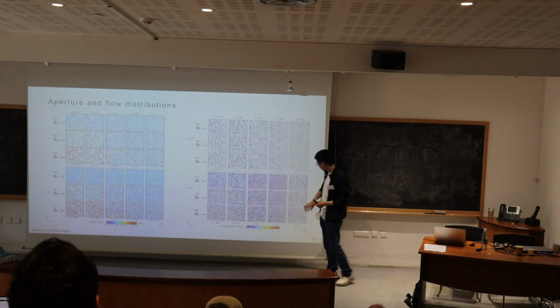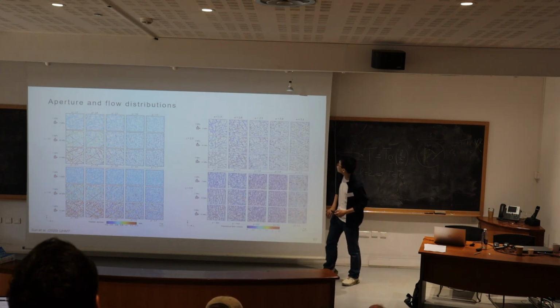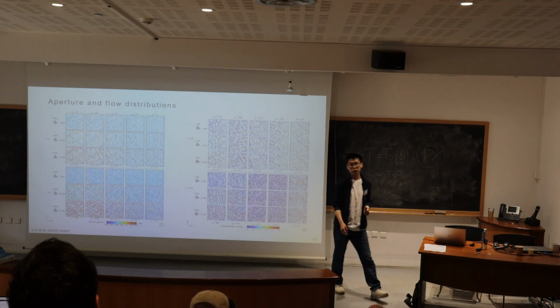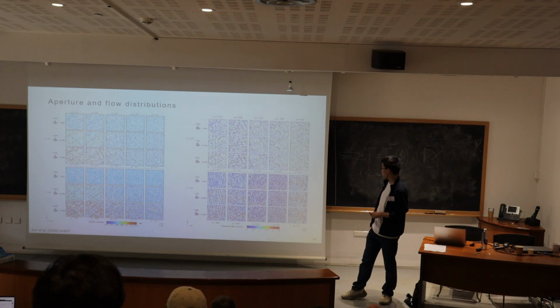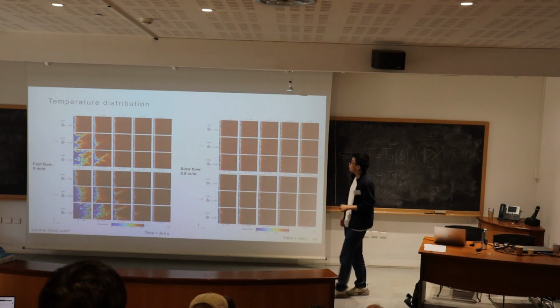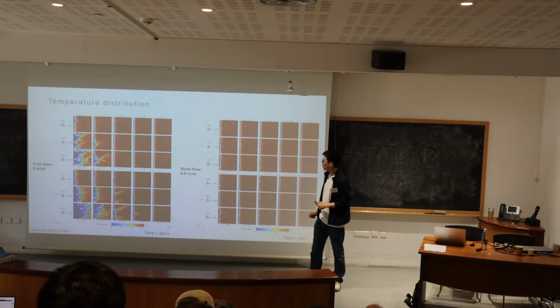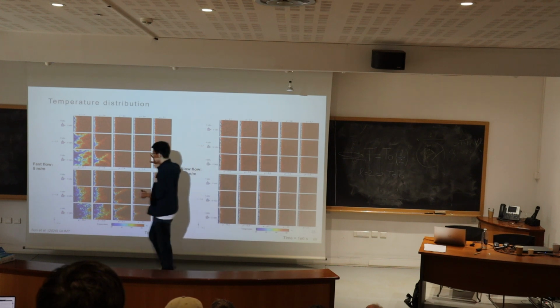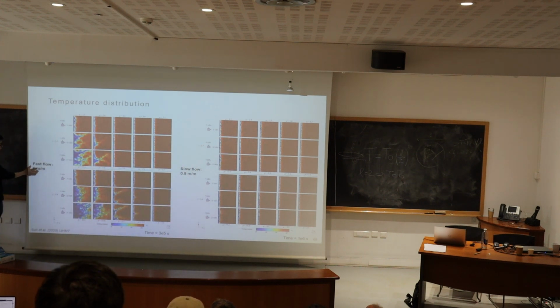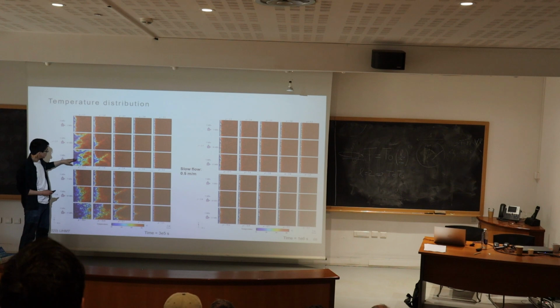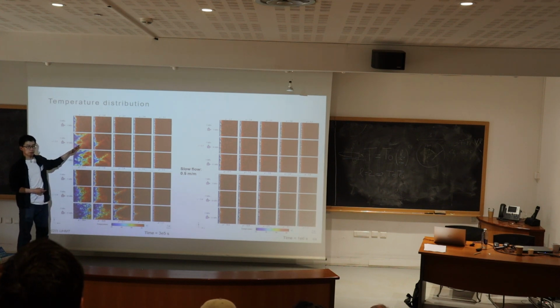So consequently, for the flow, we can see that these large fractures form the preferential pathways for the fluid flow. Then if we look at the temperature distribution in the system, we also see contrasting behavior. If the hydraulic gradient is high, we see these large fractures, which are highly sheared, because they are the preferential pathway for flow.